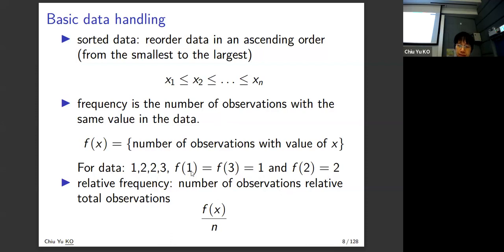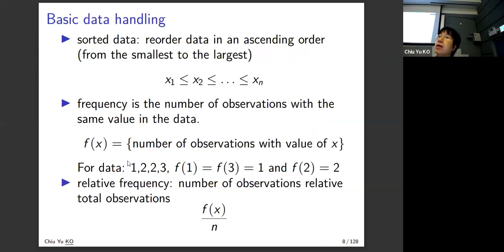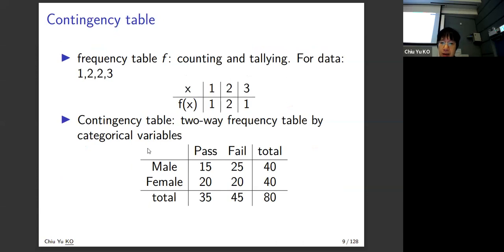And we have a frequency table. This is the way you count, right? It is a table that summarizes the data. The last one we want to mention is the contingency table, for data which has two categories.